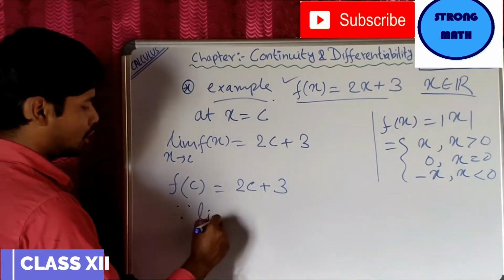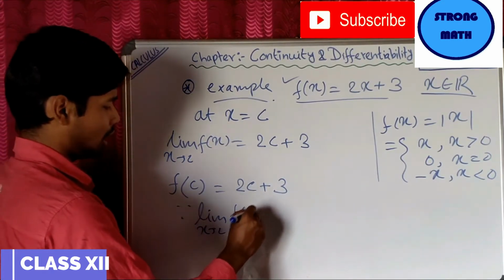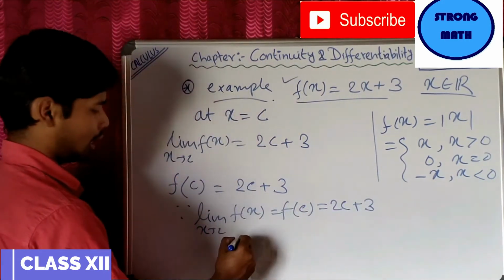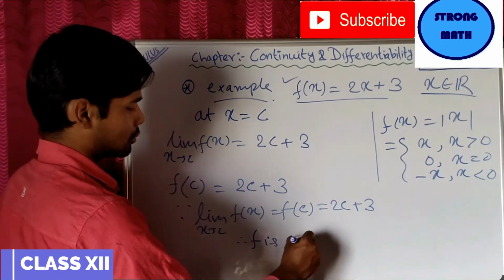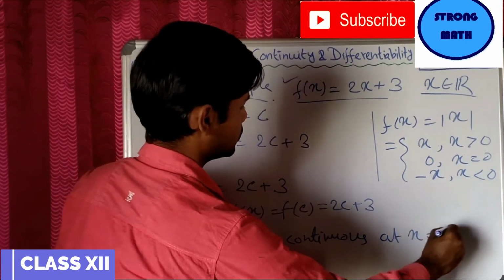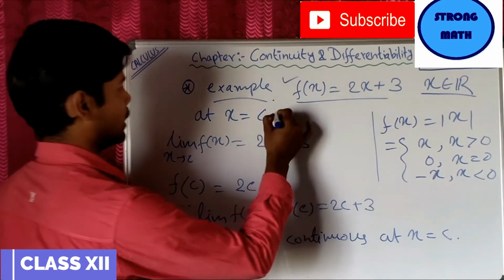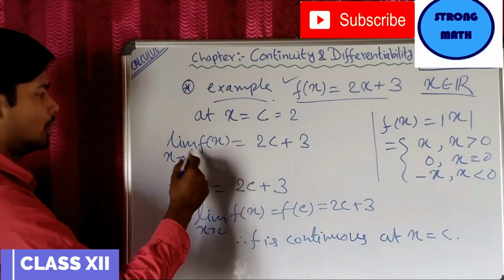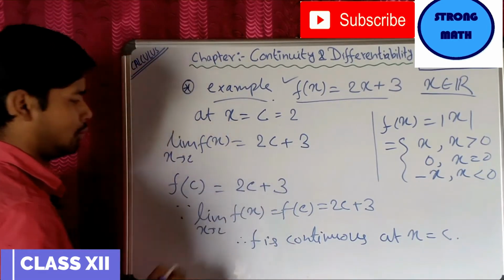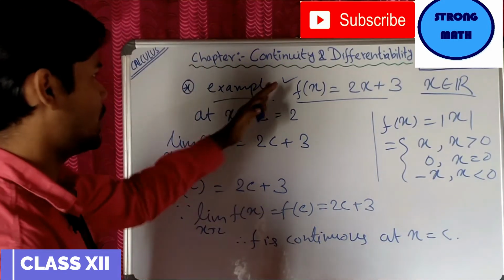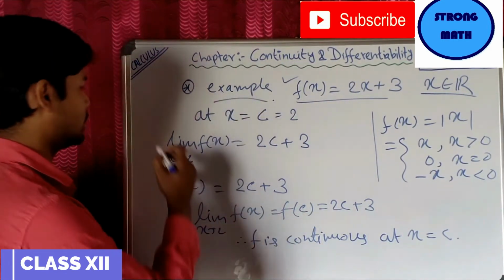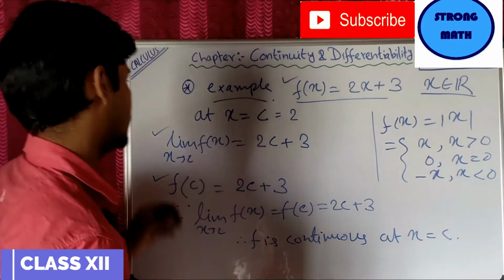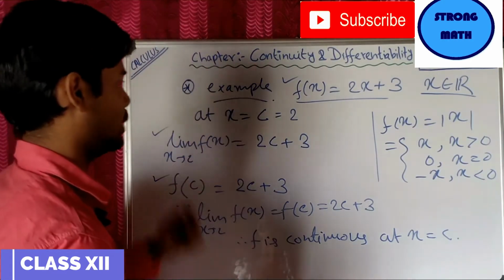Since limit x tends to c of f(x) equals f(c), which is 2c plus 3, hence we say that f is continuous at x equals c. You may take the value of c as 2 also, then you can easily find the limiting value and the functional value. So if there is no break in the function, then we simply calculate the limiting value and the functional value. If these two values are equal, then this function is continuous at that point.